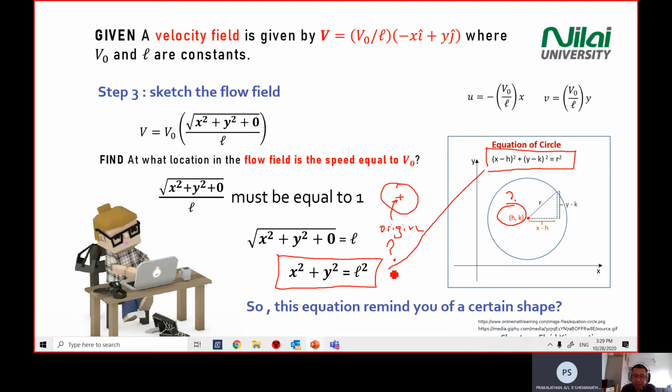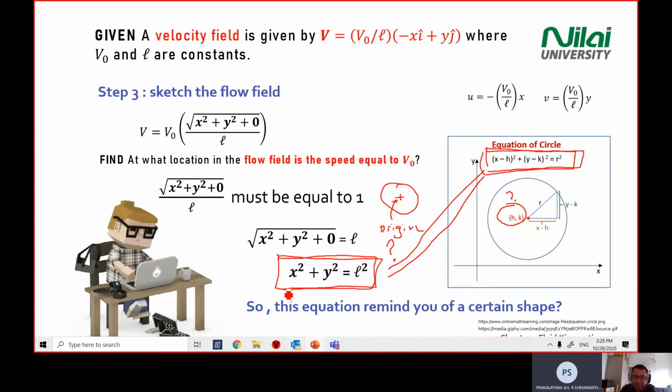You compare these two. What is the value of h and k in these two equations? 1, 0. How can you get one? Okay, you compare this one. I highlight on the screen. You compare this one and this one. What is the value of your h and k? How come you get one?